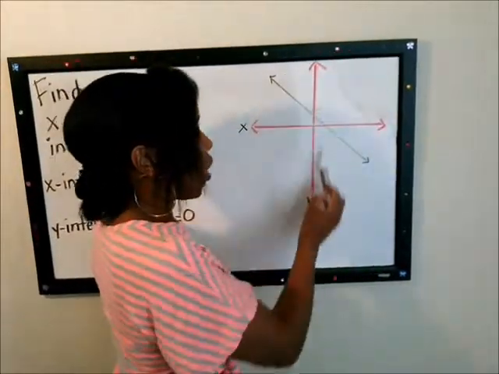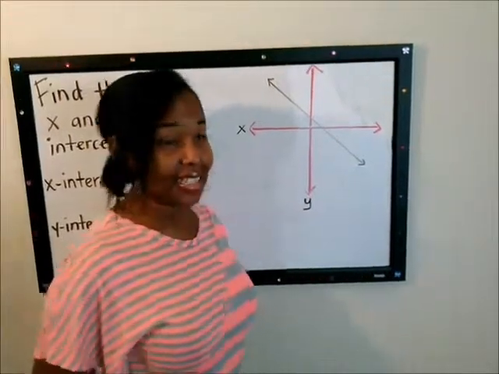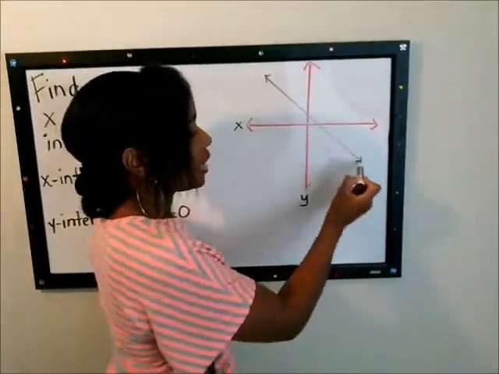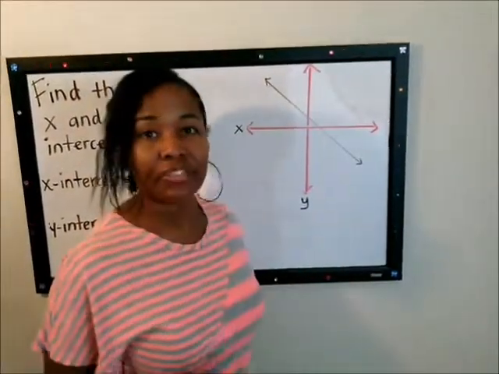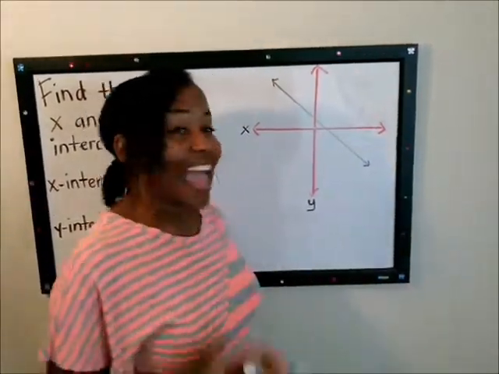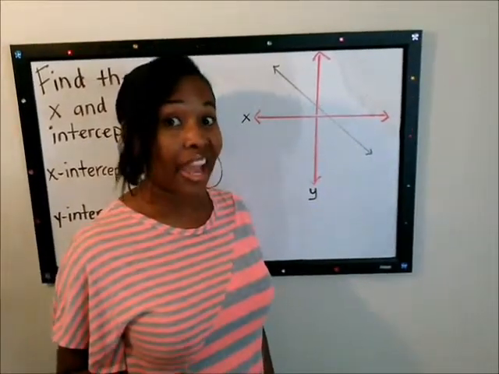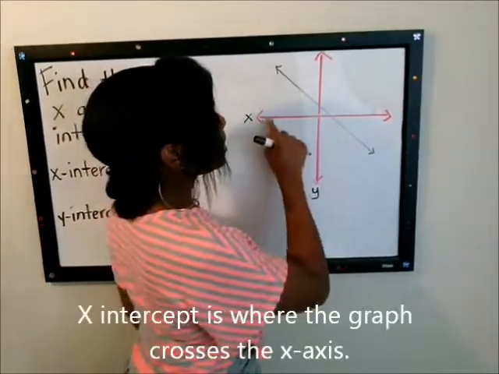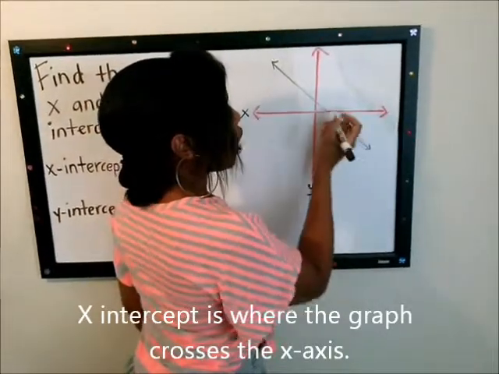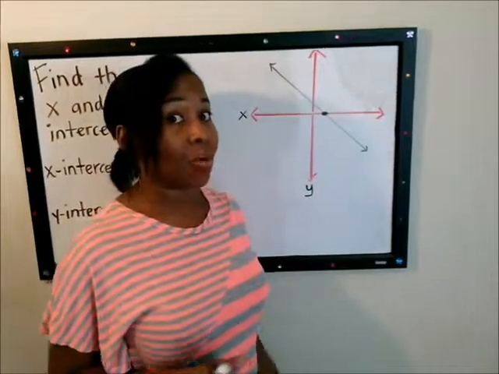I have my y-axis and I have my x-axis. This line right here is my linear graph. Linear, line, kind of like the same thing, right? The x-intercept is the place on the x-axis where the graph actually touches. Since this is my x-axis, right here, that is my x-intercept, where they cross.